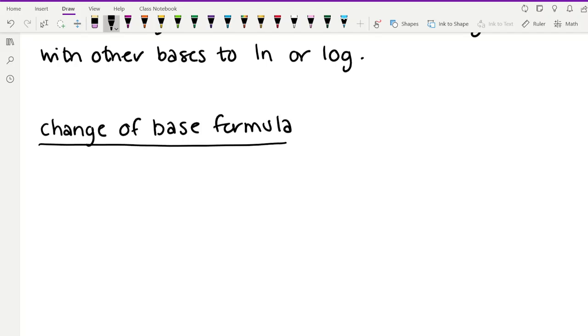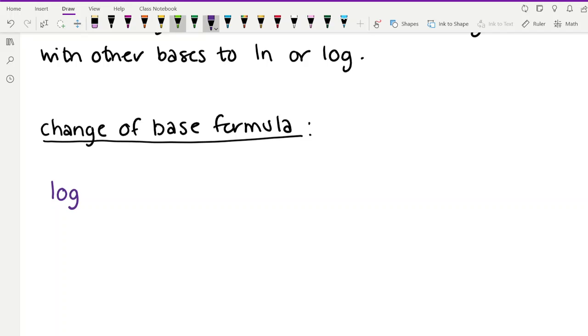Okay, so what does the change of base formula say? It says that if you have a logarithm of any base, let's call that base b, and let's say you're taking a logarithm with a base of b of some number that we'll call x. Let's say we wanted to convert this logarithm to a base of a instead, where a just represents some other number.